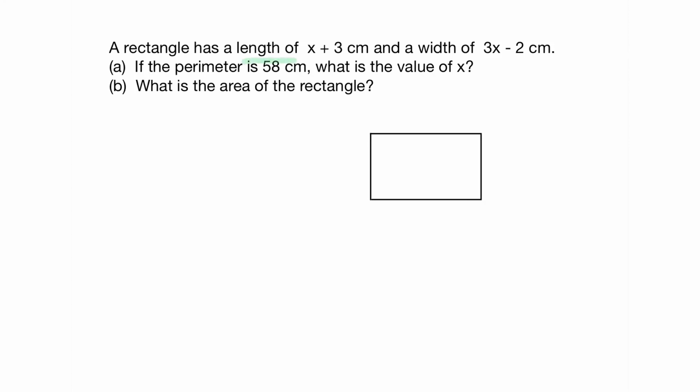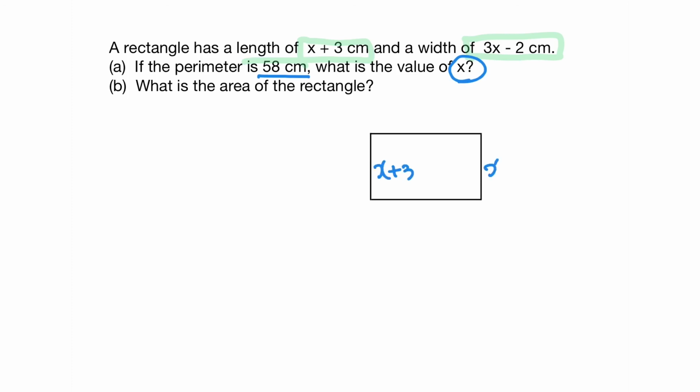A rectangle has a length of x plus 3 centimeters and a width of 3x minus 2 centimeters. If the perimeter is 58 centimeters, what is the value of x?